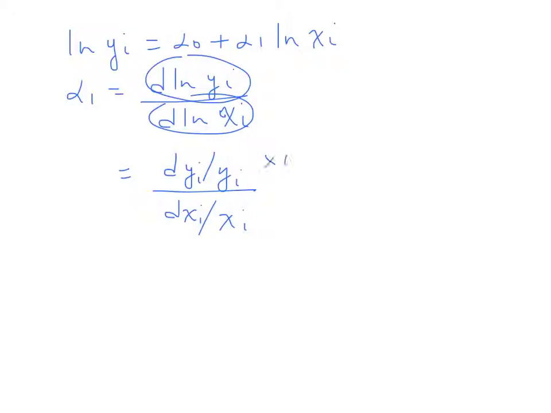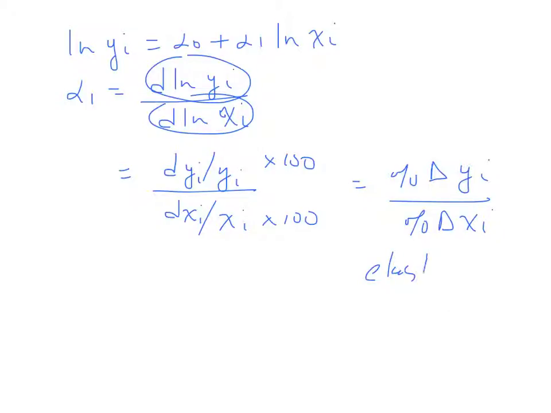If I were to multiply the top by 100 and the bottom by 100, this would be the percent change in y over the percent change in x. That, we know, is in economics called an elasticity. So the interpretation of the coefficient alpha 1 is in fact simply the percent change in y over the percent change in x.